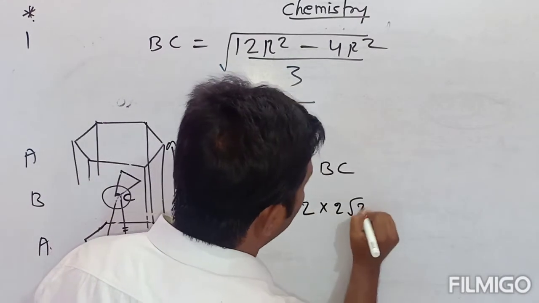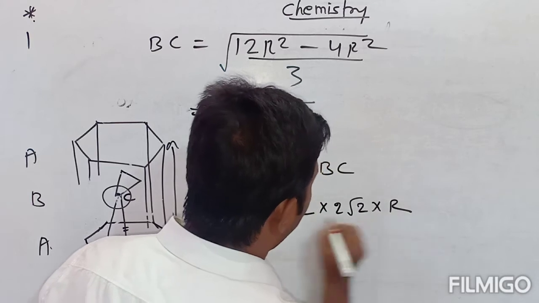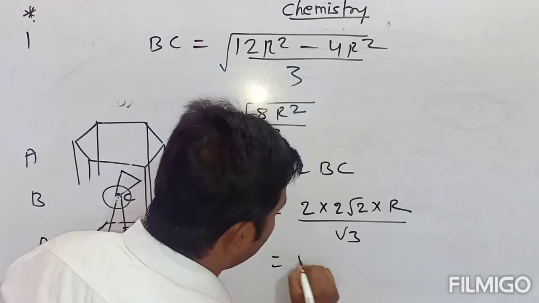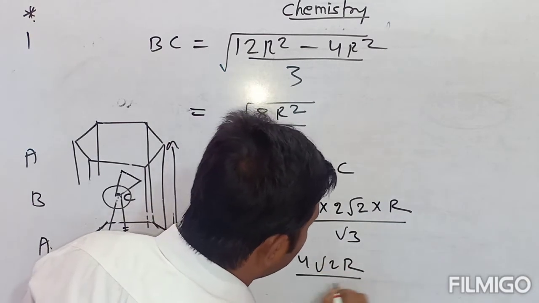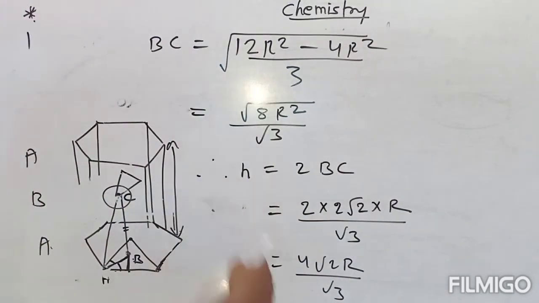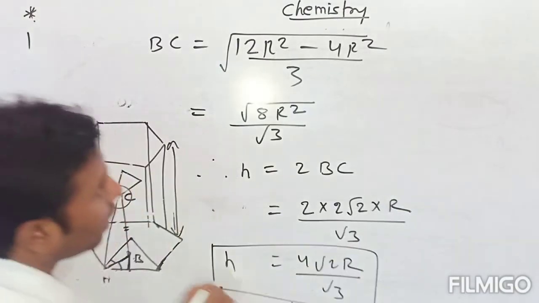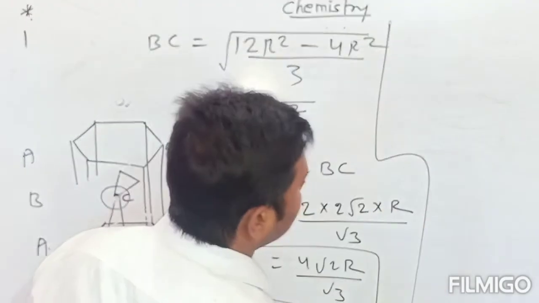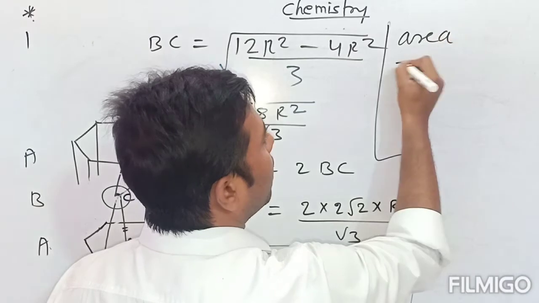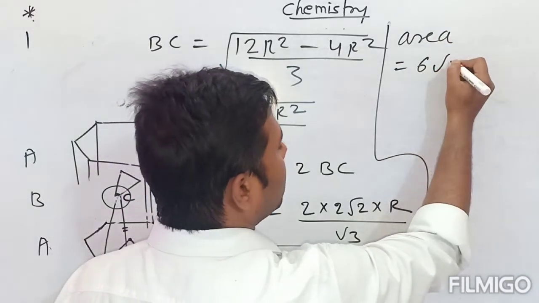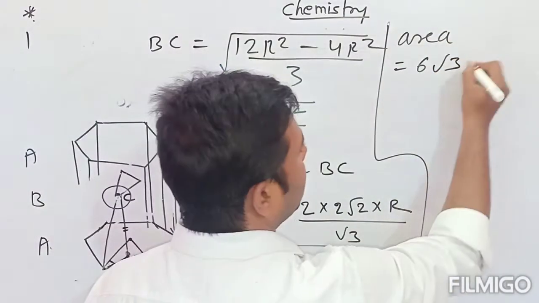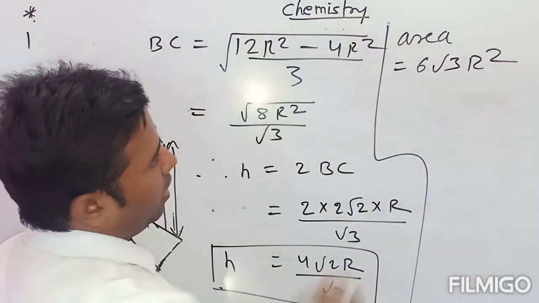h is equal to 2 into 2 root 2 into R by root 3, that is 4 root 2 R by root 3. This is the total height, and the total area is 6 root 3 R square.